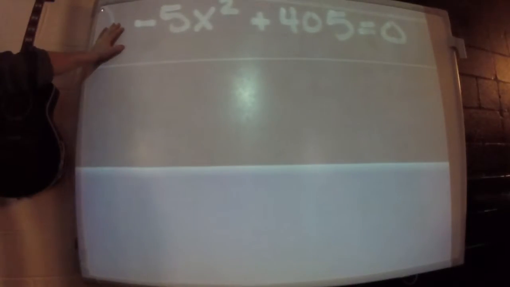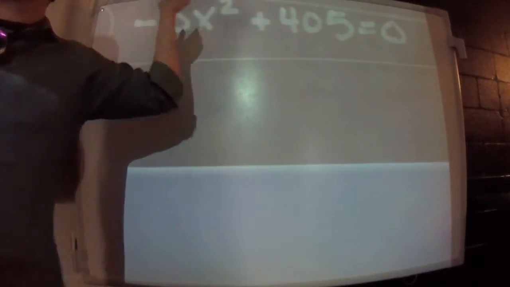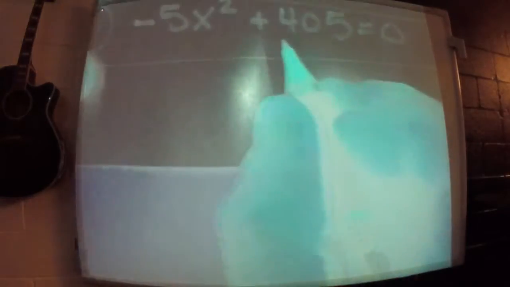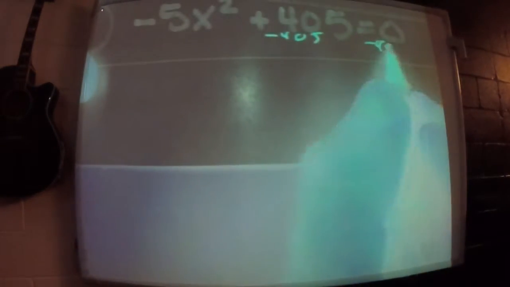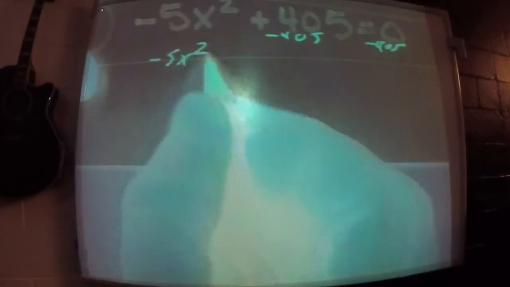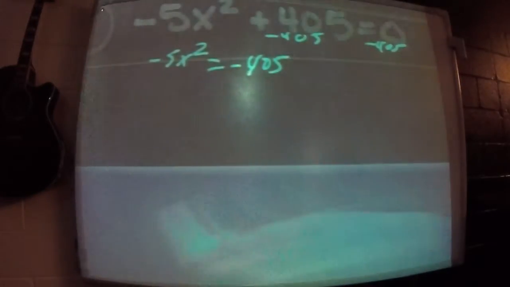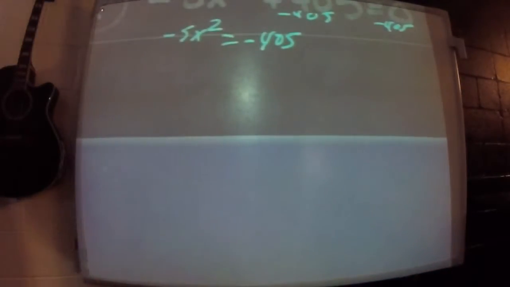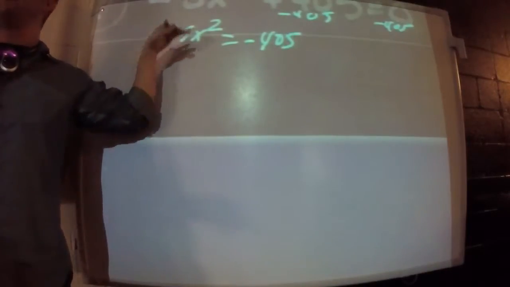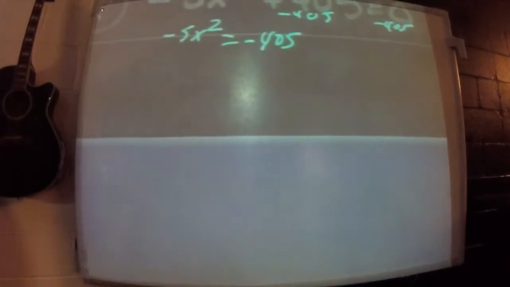All right, let's go real quick, just to see if this is going to be quicker than the quadratic formula. Do you have an x piece on this? No. So we can do the square root method, get all the numbers to the right. So what do I need to subtract first? Yeah, I got minus the 405. So I got negative 5x squared equals negative 405. Then I need to get the coefficient off the x squared. So divide both sides by negative 5.